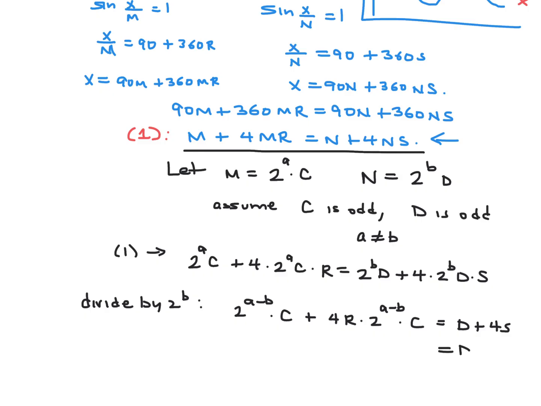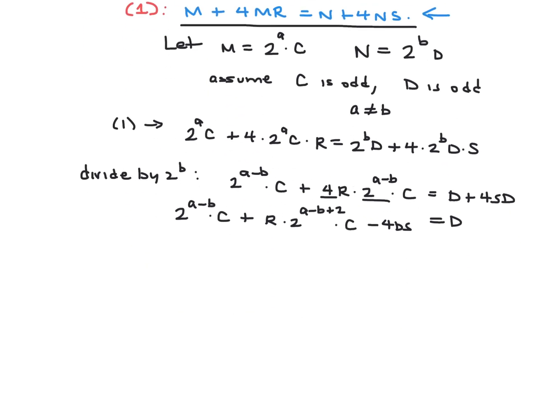And therefore, if I bring the 4 over, this will be 2 to the power of a minus b times c plus, let's see here. This 4 I can combine with the power of 2, so r times 2 to the power of a minus b plus 2, since 4 is 2 to the power of 2, and then times that by c, and then minus that 4ds. So there should have been a d there.